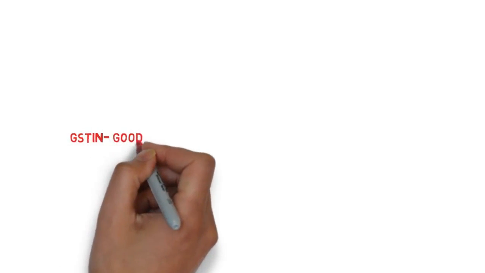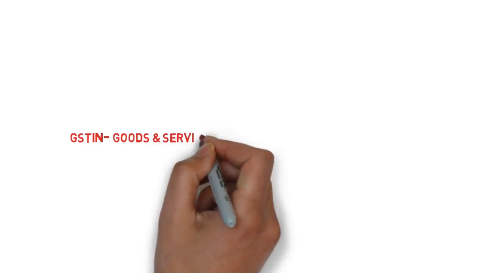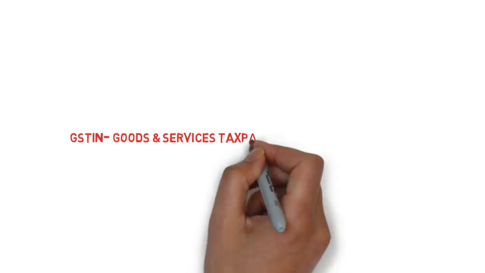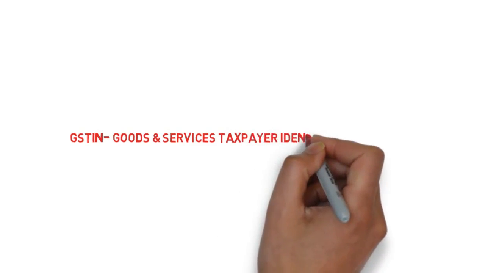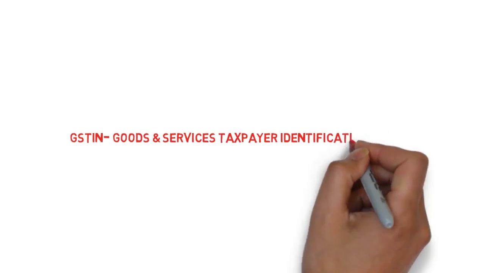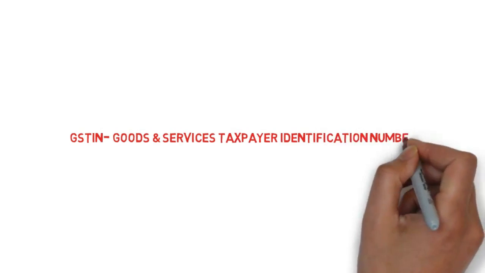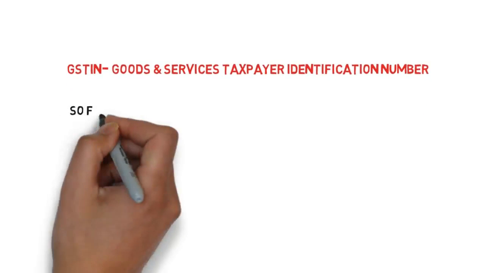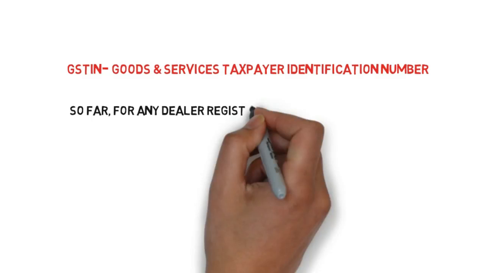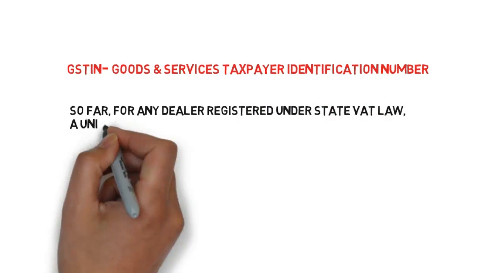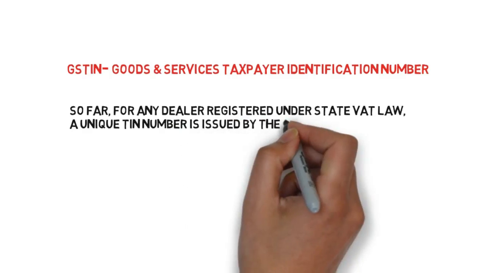The government has set up GSTN, a non-government private limited company promoted by central and state governments with a specific mandate to build up the IT infrastructure and services required for implementing GST. Now there will be something provided called GSTIN, Goods and Services Taxpayer Identification Number.